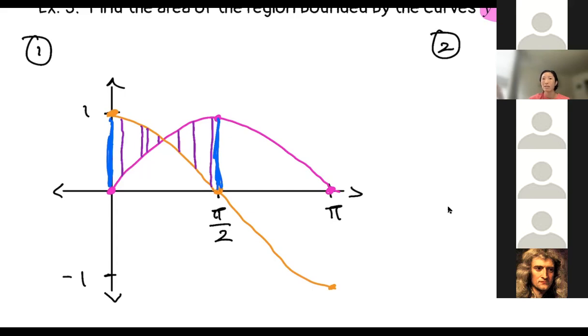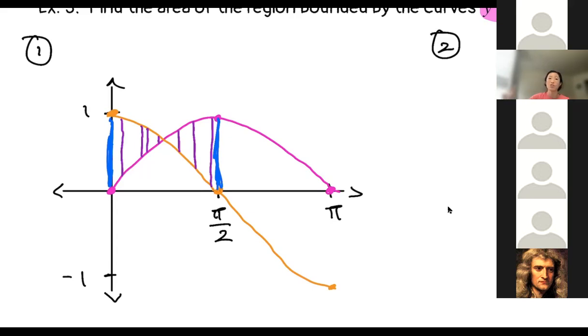However, we can't just use one integral. How many are we going to need? We're going to need 2.